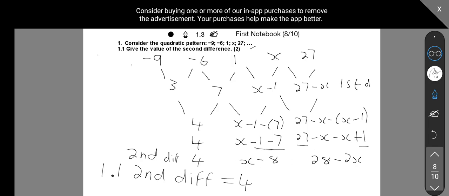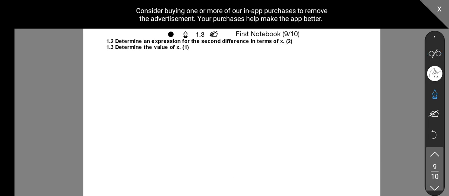They are both applicable as expressions. So let's write our answer. That 1.2, an expression is x minus 8 or it's 28 minus 2x. I believe since it's 2 marks, each will take its own mark.